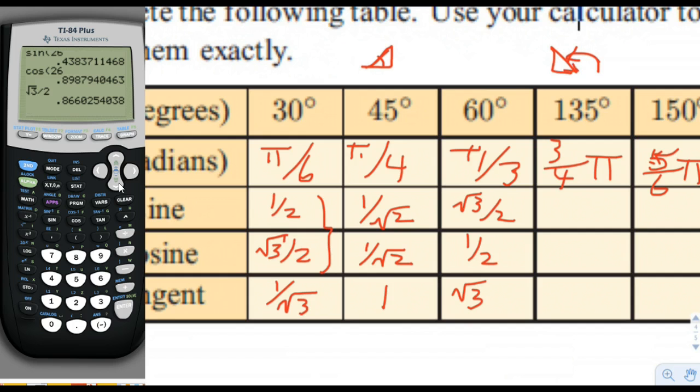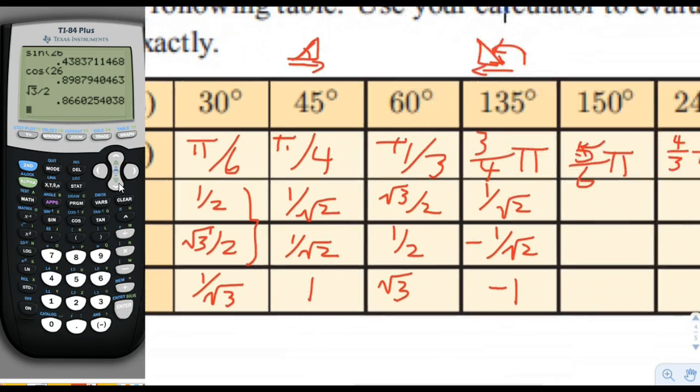So 135 degrees, the sine is the same as 45 degrees, so it would be 1 over square root of 2. The cosine is just the negative of that because it's pointing in the left direction of the x-axis, right? This is going to be +1, this is going to be -1, okay? And the tangent is going to be the opposite over the adjacent, so it would be a positive over a negative. It would be a -1 instead of a +1.